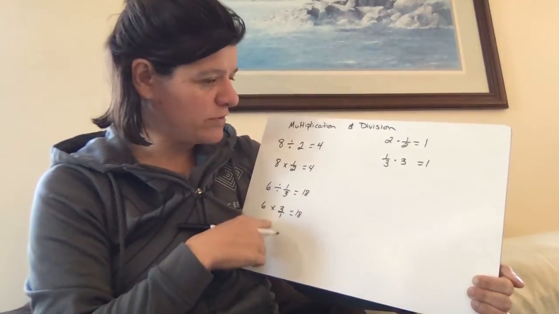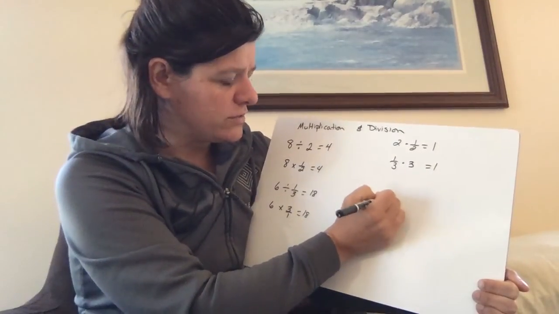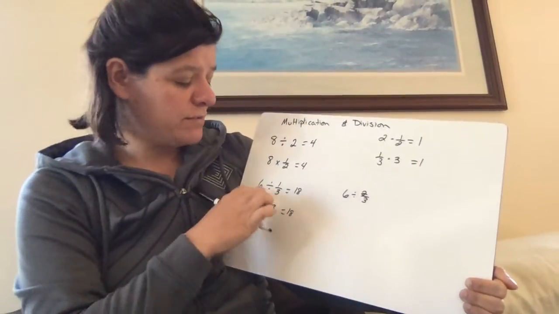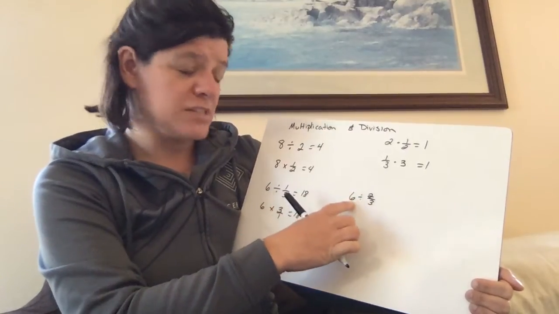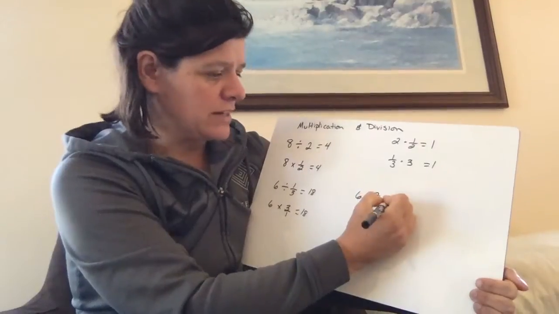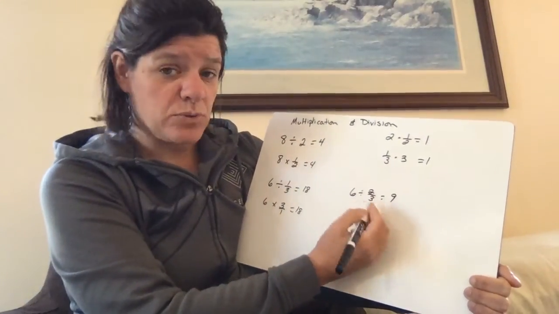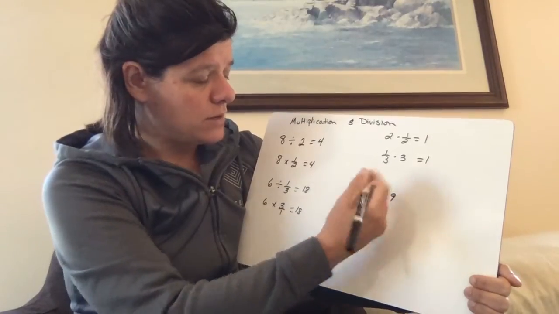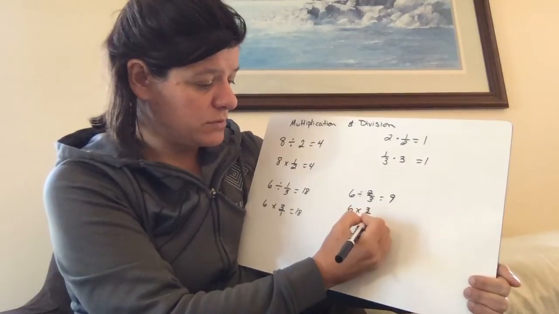Okay, so if we build off of this one, we can look at one with a non-1 in the numerator of the fraction. So if 6 divided by 1/3 is 18, then I would expect 6 divided by 2/3 to get half as much, which would be 9. Okay, and then I can rewrite this as multiplication by multiplying by this reciprocal again.